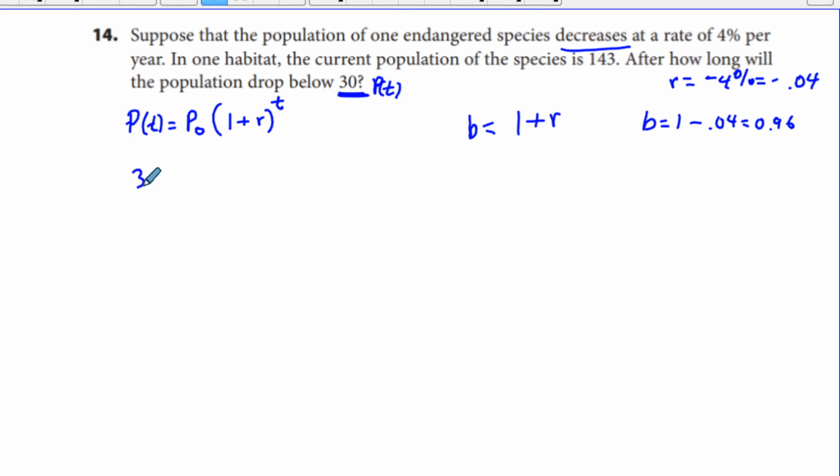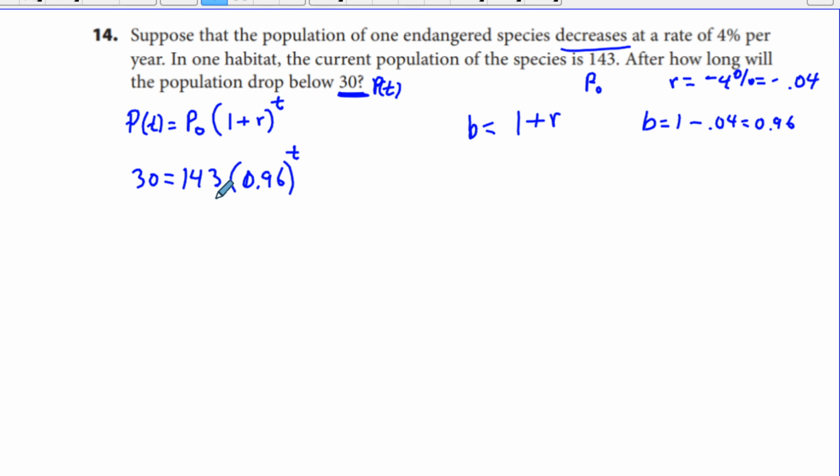And we're given our P sub 0, our starting amount, which is 143. So we have 143 times 0.96 to the power of t.